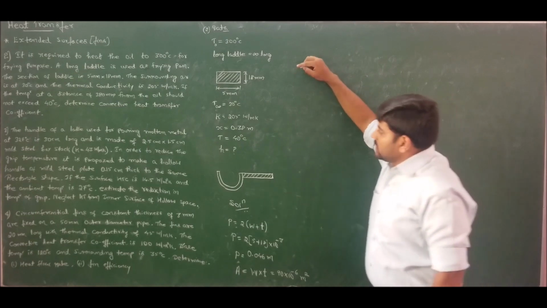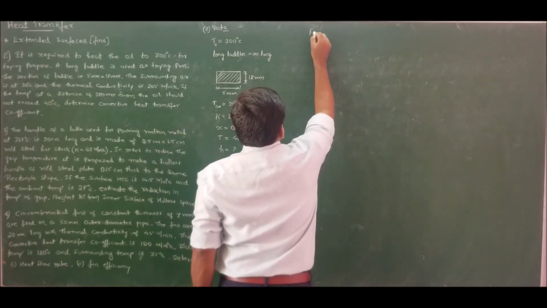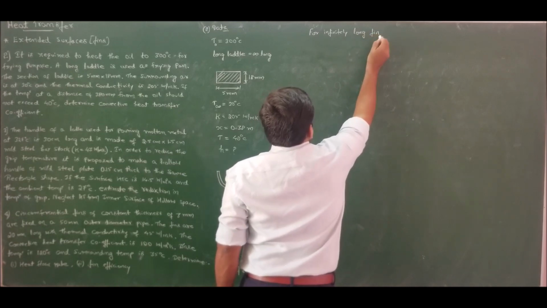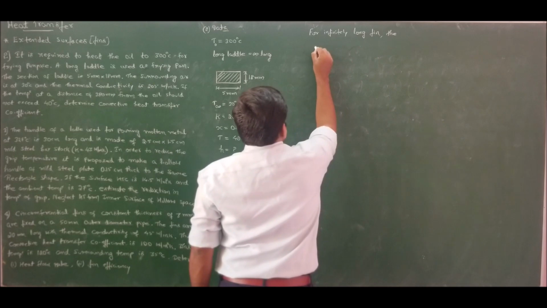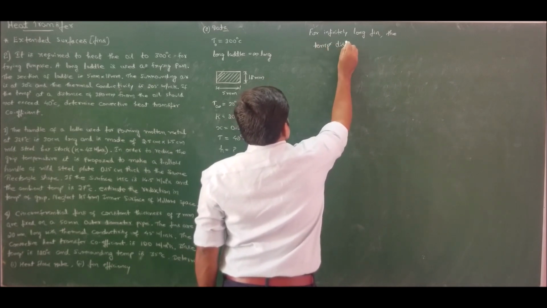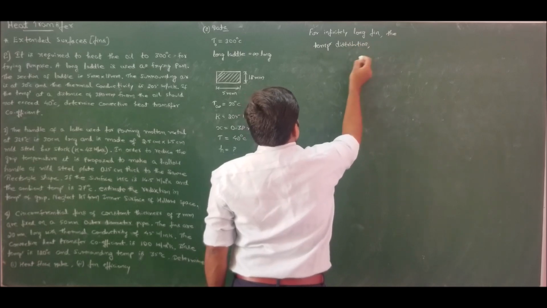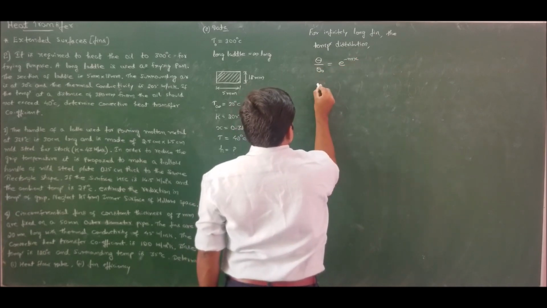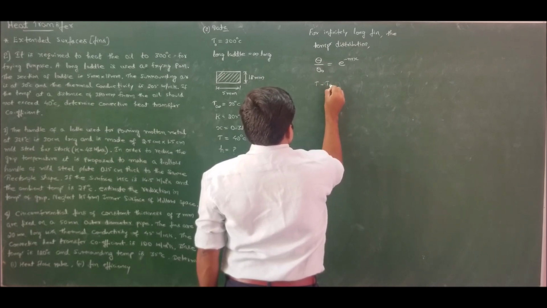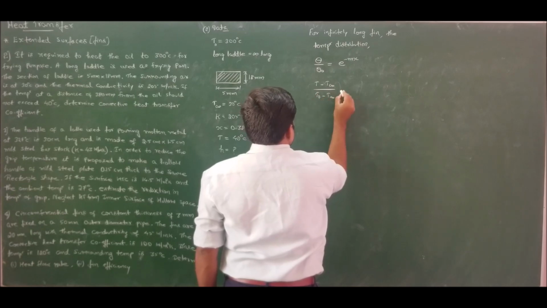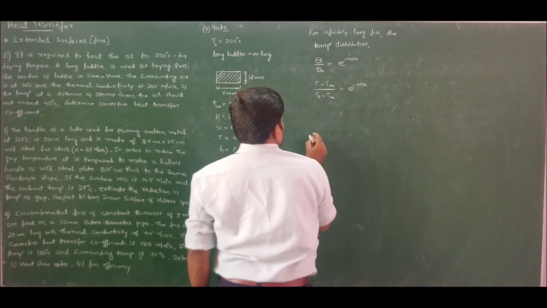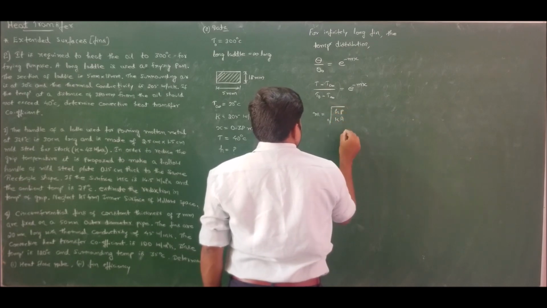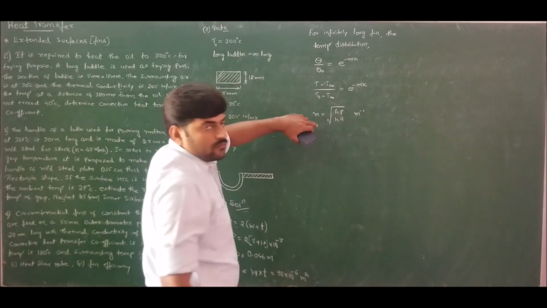So for infinitely long fin, we know that the temperature distribution is given by theta by theta naught is equal to e to the power of minus mx, that is T minus T infinity by T naught minus T infinity is equal to e to the power of minus mx, where parameter m is given by root of hP by kA meter inverse. Meter inverse is the unit of the parameter m.